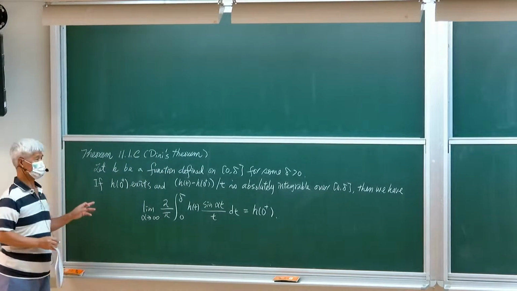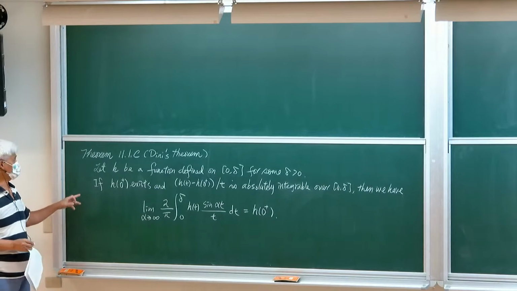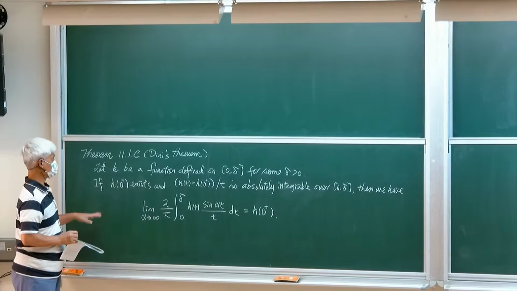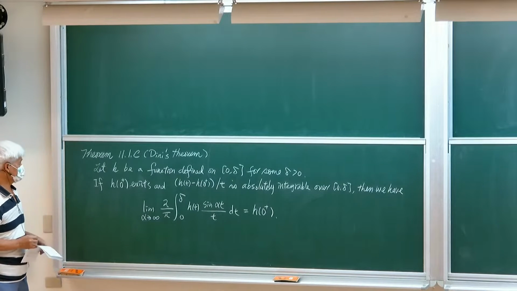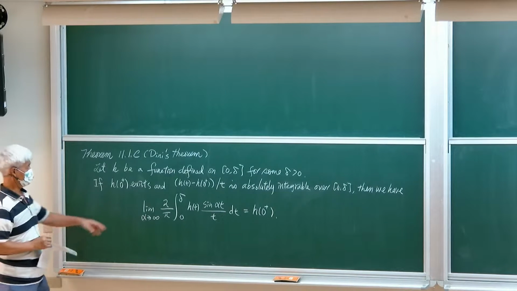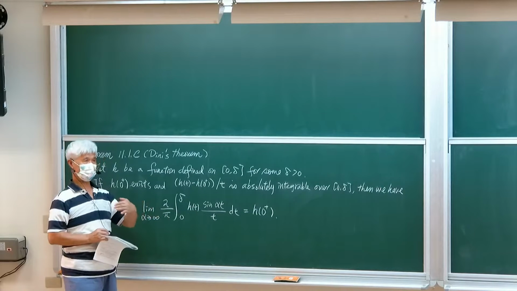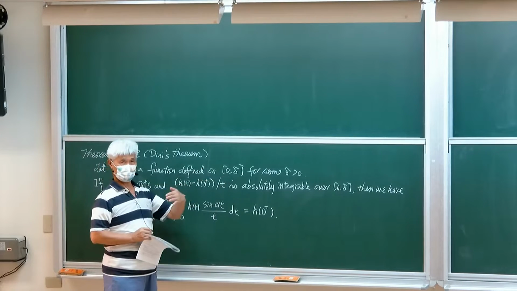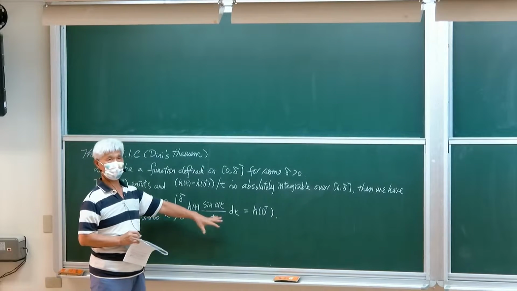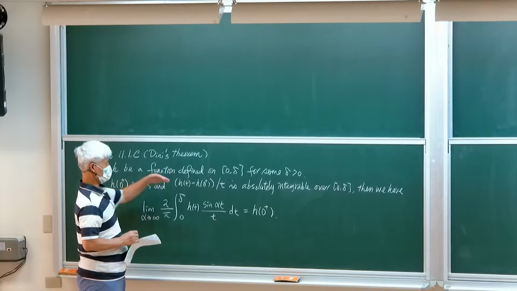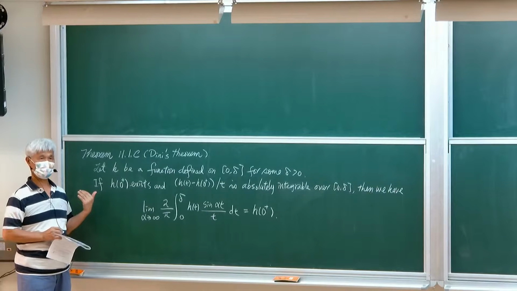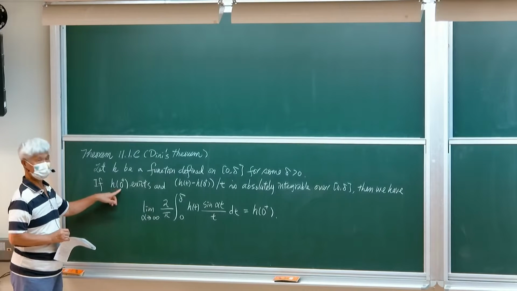Okay, so this is the theorem we mentioned last week. We have taken an example to illustrate that if the h function is a constant function over this closed interval, then this statement is true, because if h is a constant function, then it has a right limit at the 0 point.